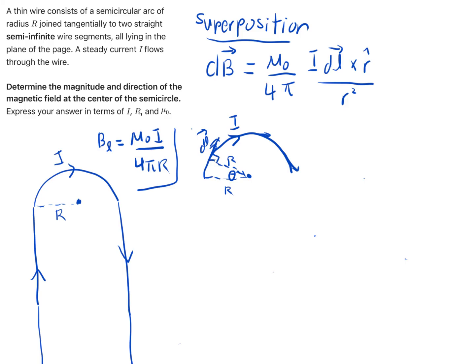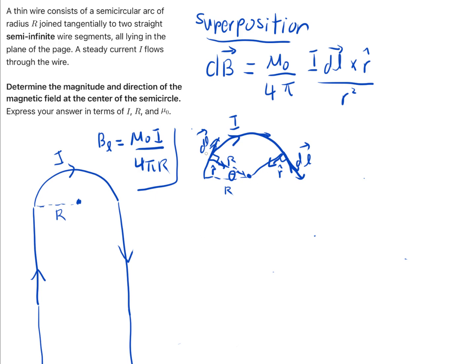And if you notice, r hat will be this little vector here. Okay, it might be a little hard to see there, but let's say that this is dl for this point, and this is r hat. And that's the unit vector pointing towards the point you want to calculate the magnetic field at.